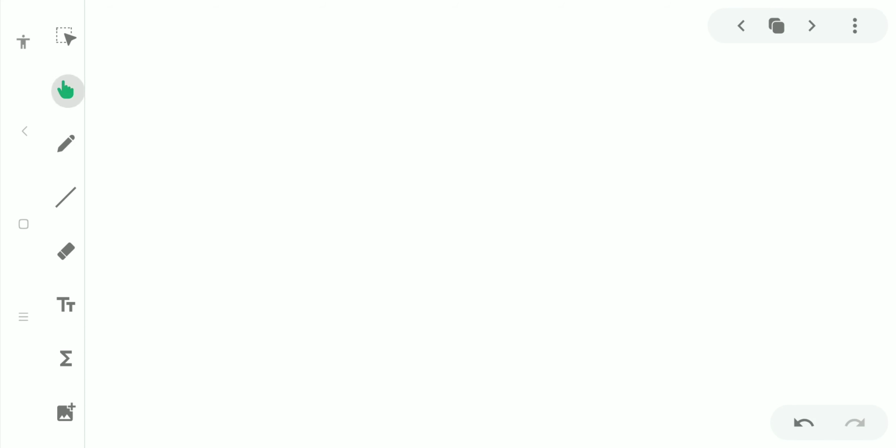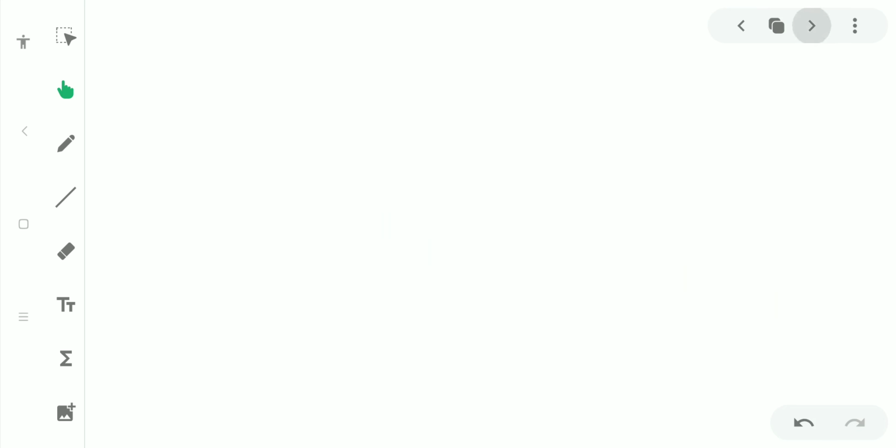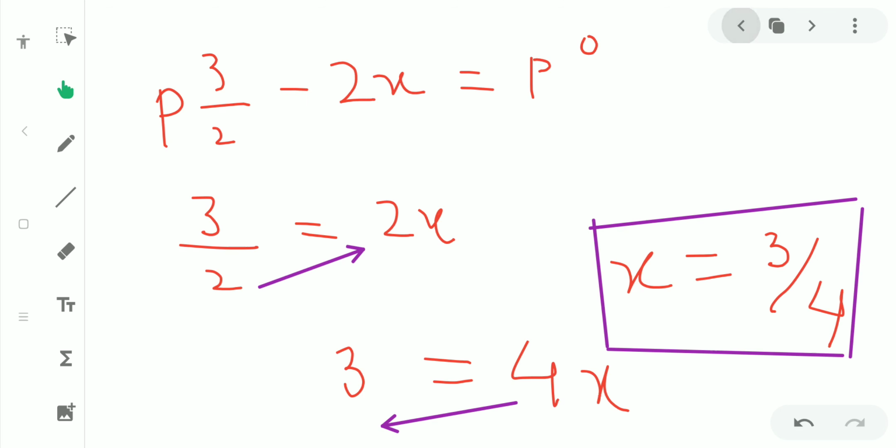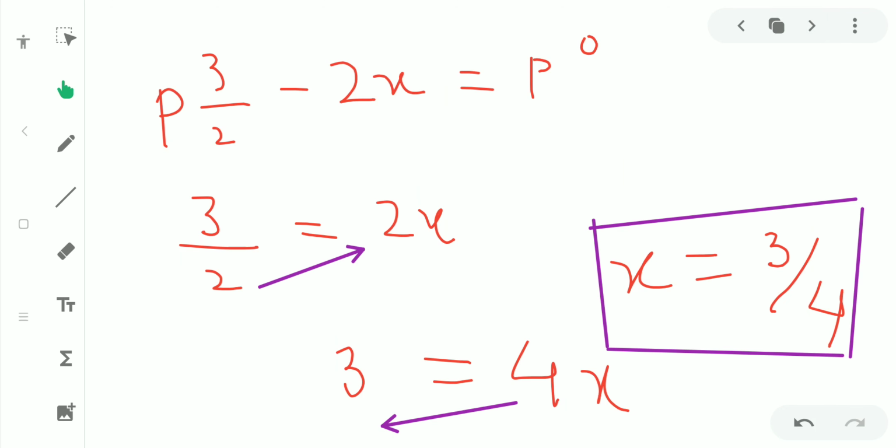Now in the same way let us do it for q. q power 0 is equal to q power 3 by 2 minus 2x. Now here we will have 3 by 2 minus 2x is equal to 0. Here in the same way we have x is equal to 3 by 4.